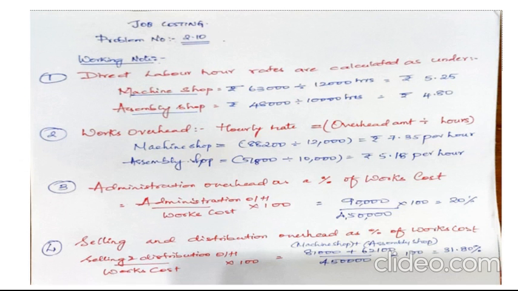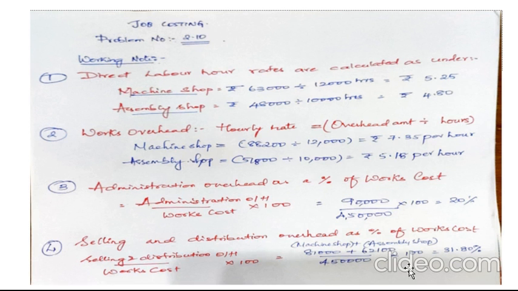Next, after your working note, selling and distribution overhead is considered for both your machine shop and assembly shop. You can either do selling divided by works cost into 100 and distribution divided by works cost into 100. Instead of that, it is better to take the machine and assembly shops' expenses together.